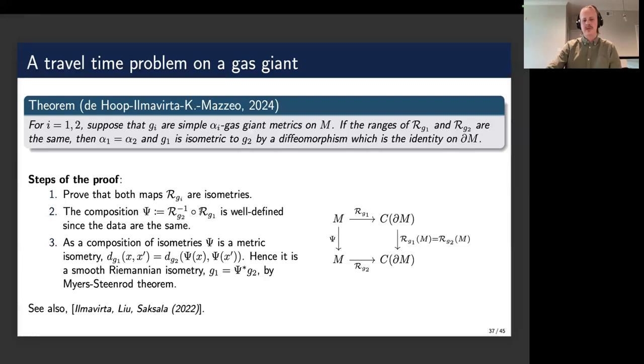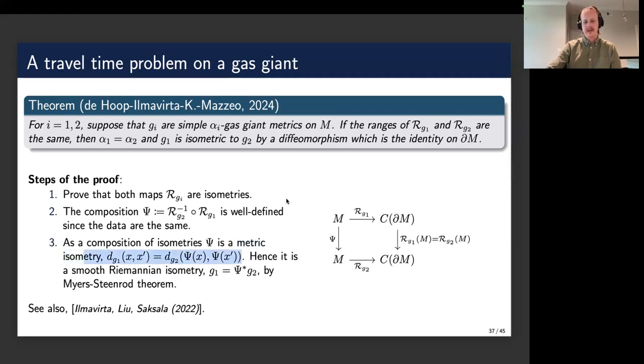Okay. So what that would then give you is that since the data here on the continuous function side are the same, you can define this function and it will be well defined. So you can go around here first by R_{g_1}, and then since the data are the same, you can go here, and then you can traverse back by R_{g_2}. And now, since this is a composition of isometries, it will be an isometry as well.